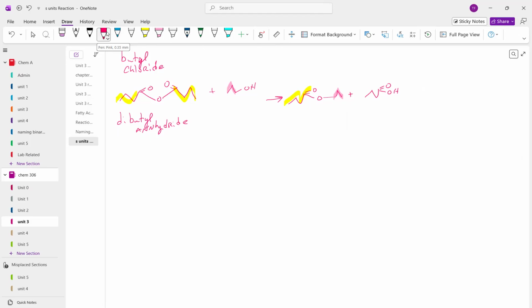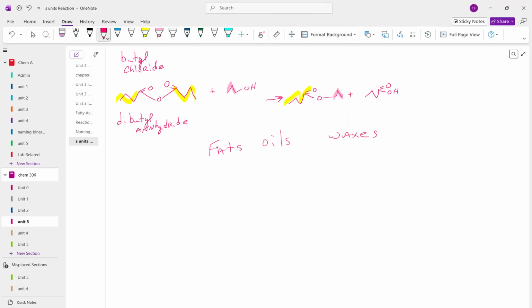Now, biochemically, you've got fats, oils, and waxes. All of them are esters. So that means they have an alcohol backbone, an acid backbone.